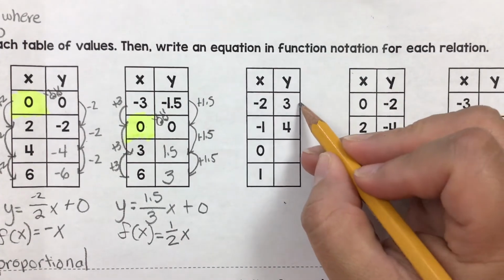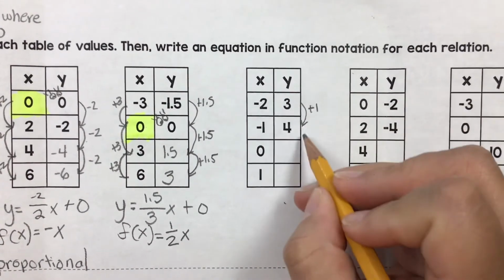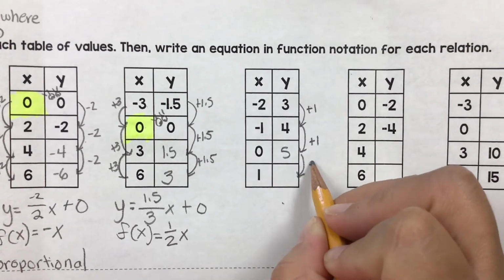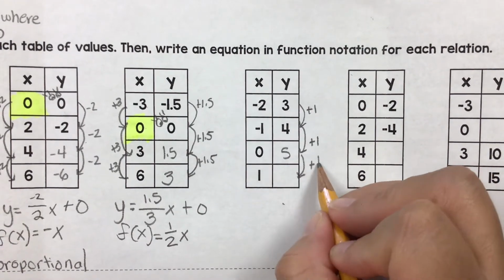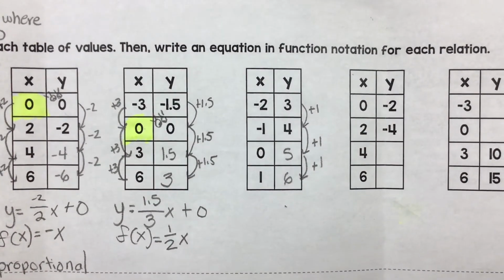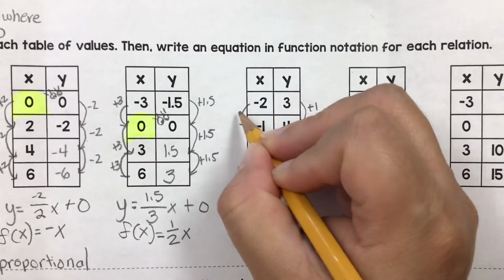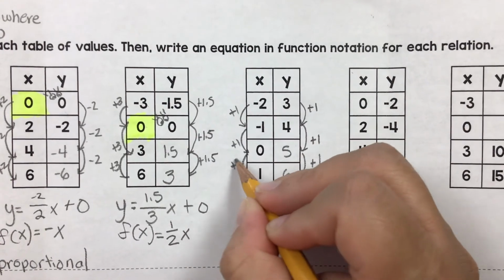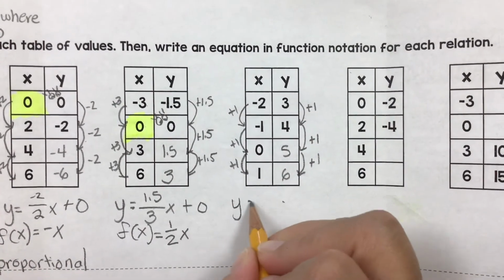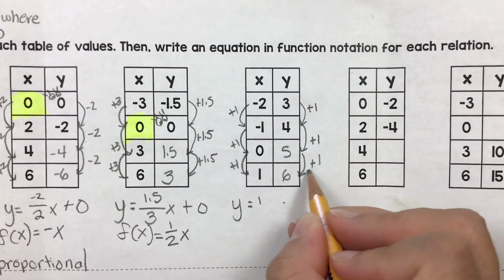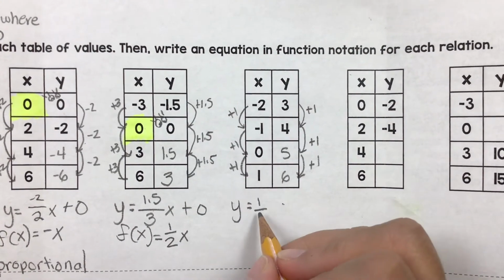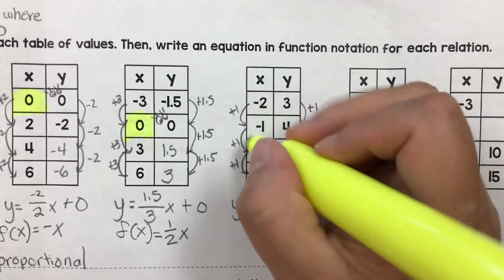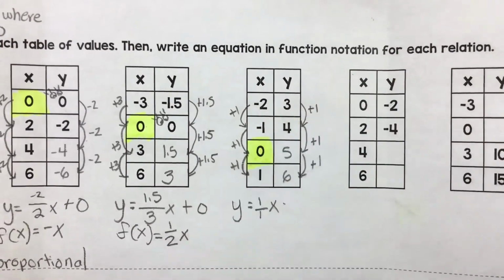All right, the next one, we're going to add 1. Add 1 makes 5. Add 1 makes 6. Over here, we're going to add 1. We're adding 1 each time. Our equation will be y is equal to 1, the changes of y, over the changes of x, which is 1, x. And then we're looking for this x equals 0 value.